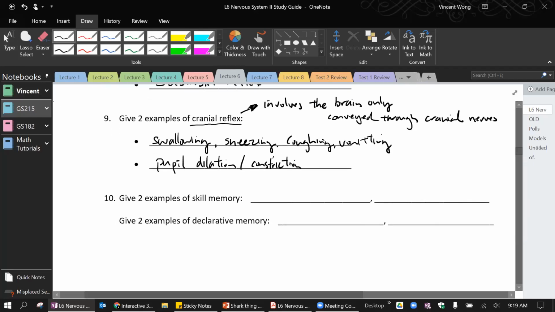Give 2 examples of skill memory. Skill memories are sometimes called muscle memory. These are stored in the cerebellum. They are very persistent. They do not go away. Examples of skill memory, anyone? Give me some. Okay.